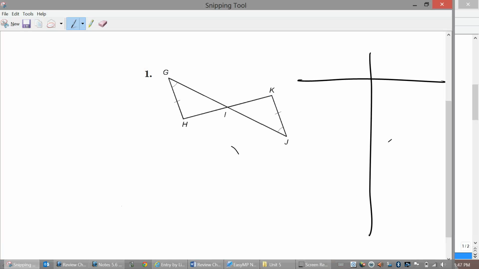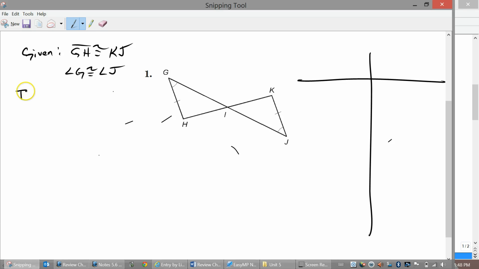I'm going to set up a quick proof for this, and I'm going to give you the information given that GH is congruent to KJ. I'm also going to give you that angle G is congruent to angle J. That's the information that's going to be given to you.